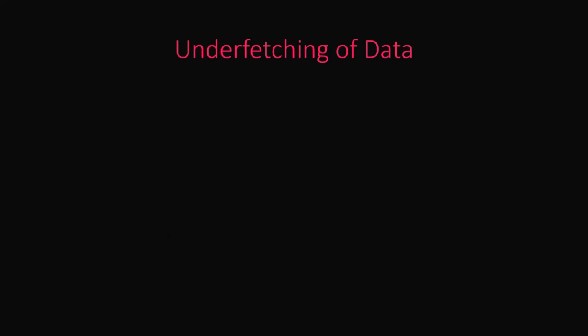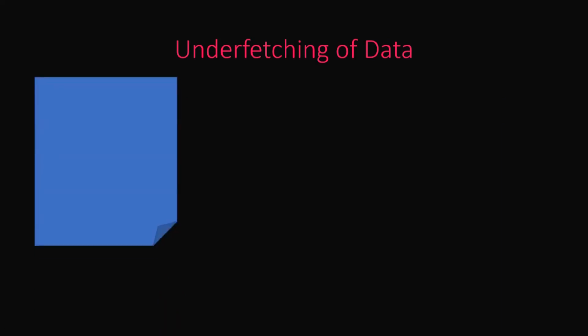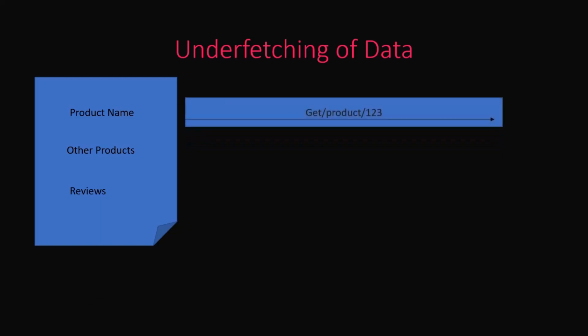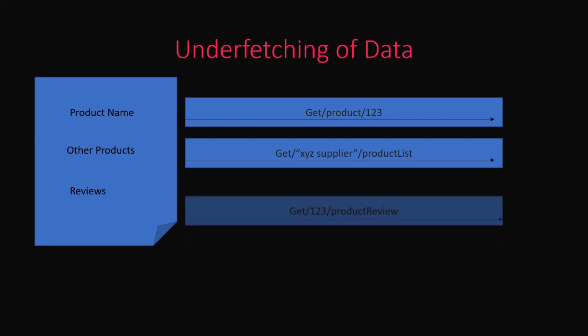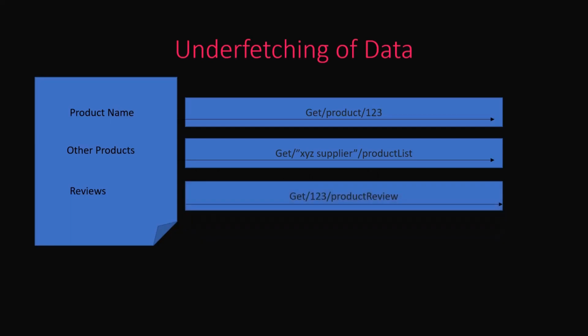Now let's look at the problem of underfetching of data. For this, let us consider a web page where we are showing the product name, the other products being sold by the product supplier, and the product review. Here, to fetch the product name, we'll make a call GET product 123. To fetch the product list, we'll make another GET call. And to fetch the reviews, we'll make a third GET call.